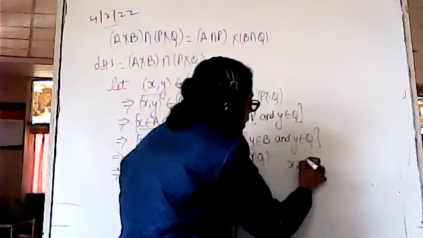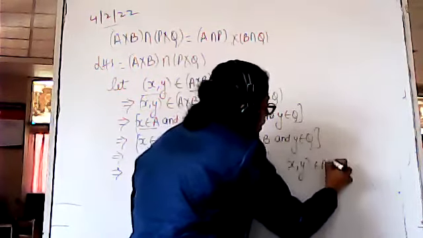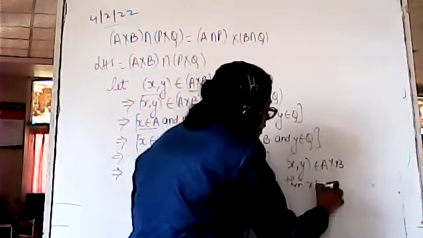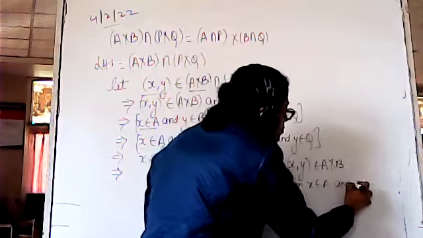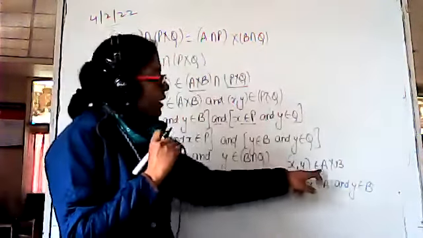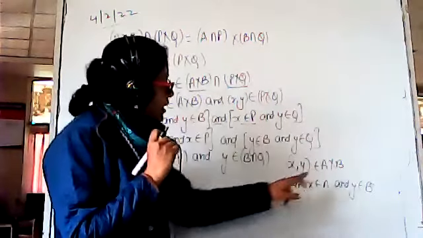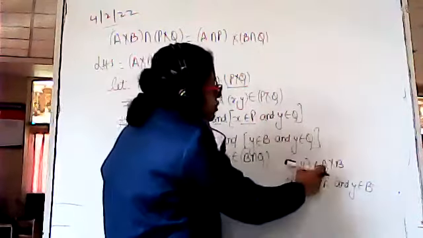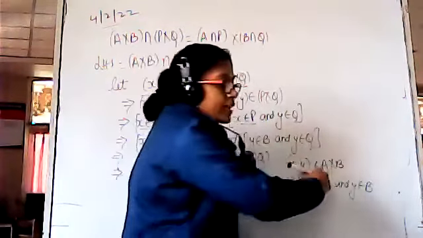Cartesian product says that xy belongs to A cross B, then x belongs to A and y belongs to B. We studied this definition: if xy belongs to A cross B, then it means that x belongs to A and y belongs to B. First element will belong to first set and second element will belong to second set.